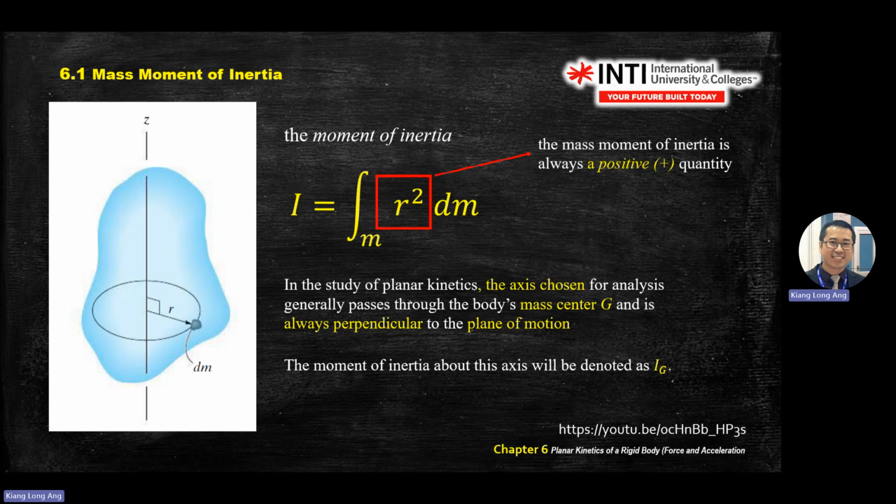Okay. Now, moment of inertia is always a positive quantity. It always gives you positive, no matter if it is positive R or negative R, because when you square it, you still get a positive number.